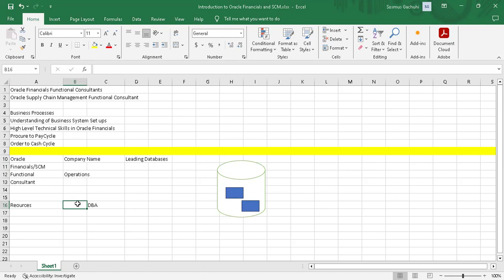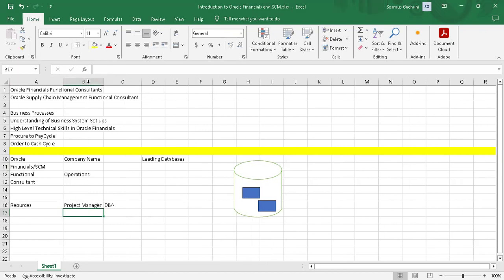For instance, we need a project manager. We will need a project manager in each and every project. Then we will need a DBA who will do the work of setting up this database to a point that it is ready to accept data and also to give data when you are querying from the database.